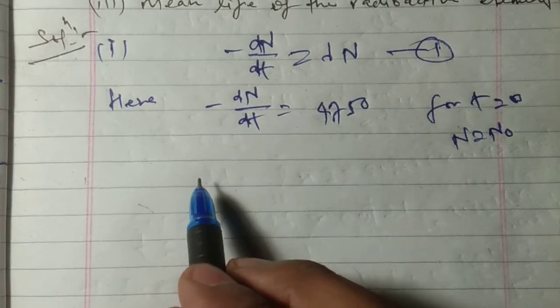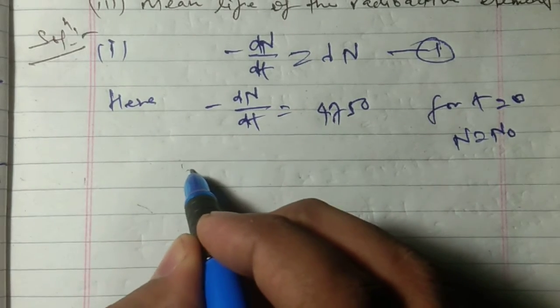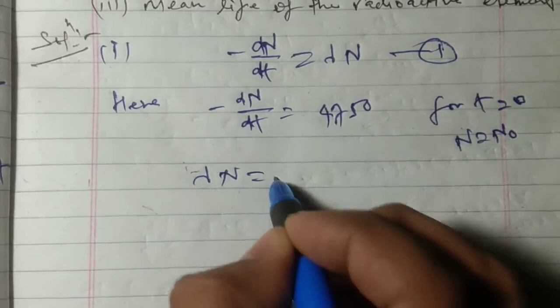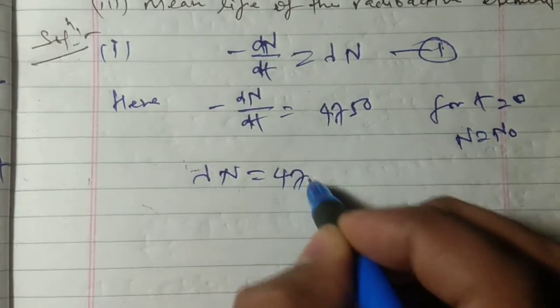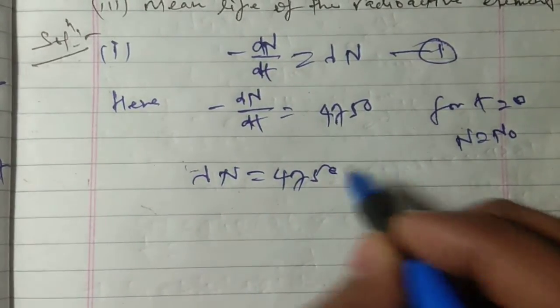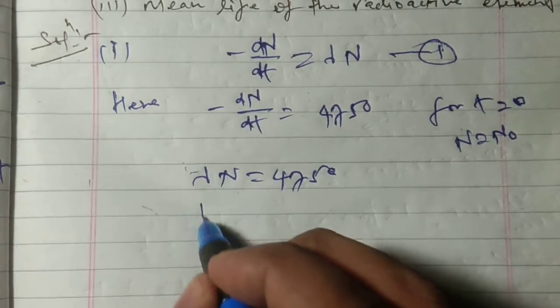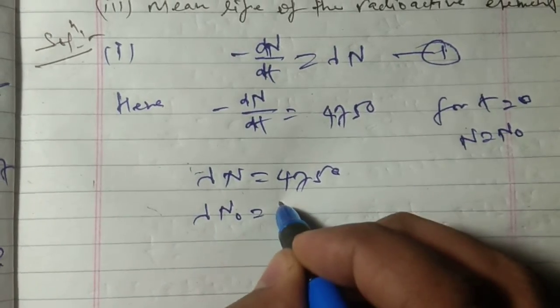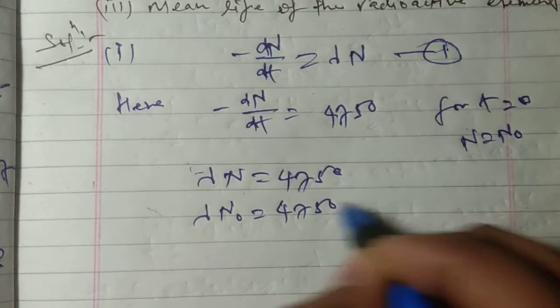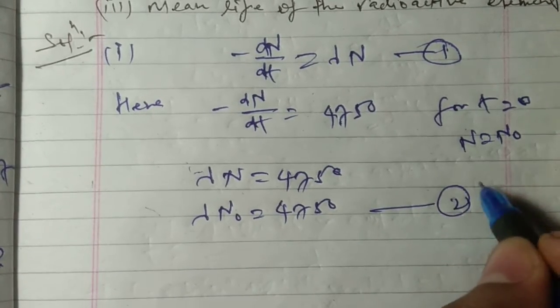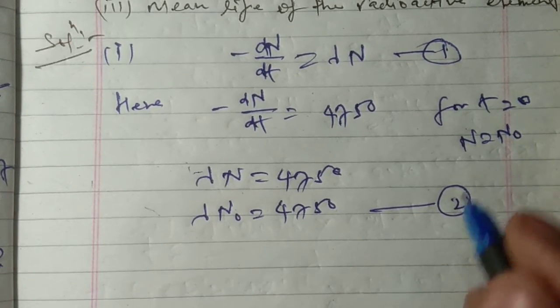So from equation 1, lambda N is equal to 4750, and this can also be written as lambda N naught equal to 4750. Suppose this is equation 2.